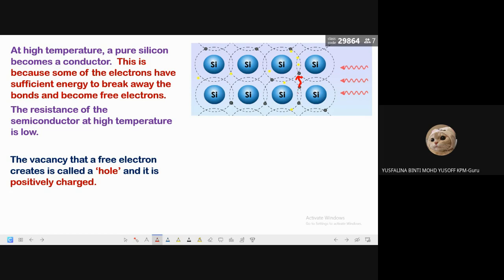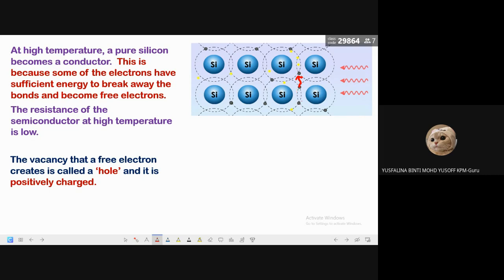So remember, at low temperature, silicon will become an insulator, because there is no free electron. But at high temperature, it becomes a conductor because the electrons there can gain energy from the heat, break away from the bonds and become free electrons.